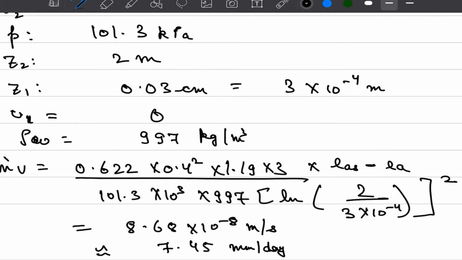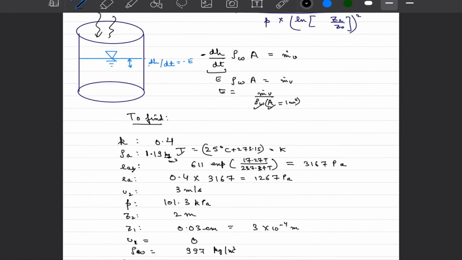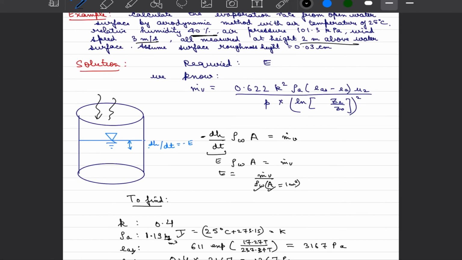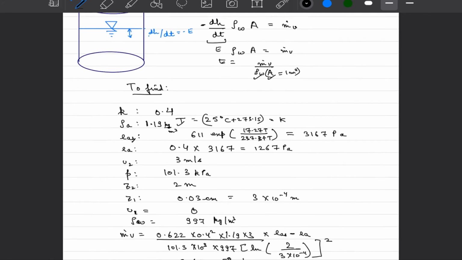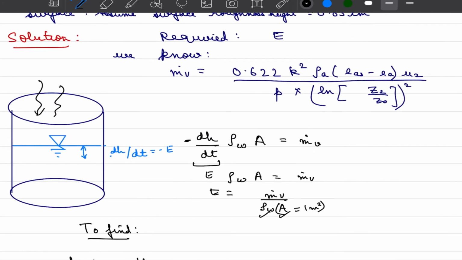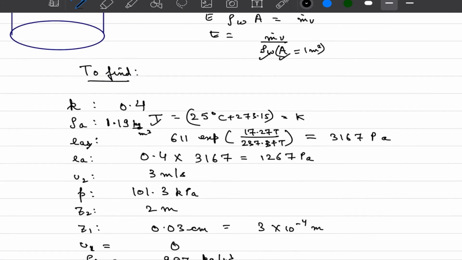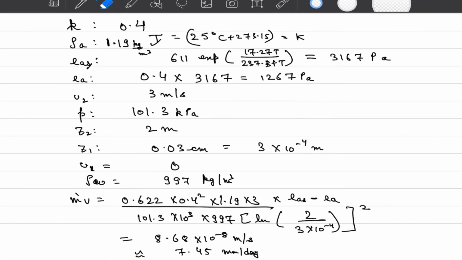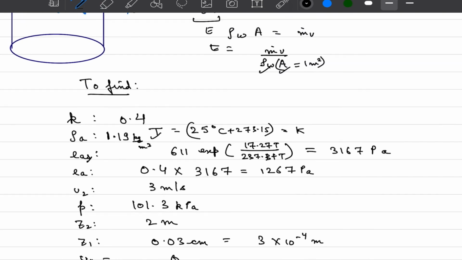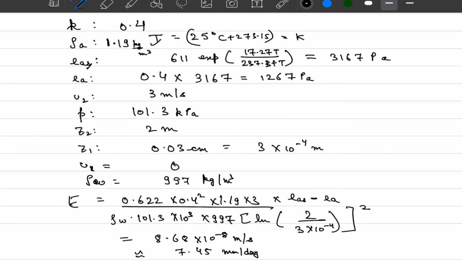I know I am rushing through these calculations, but ultimately it's simply plugging in these numbers and getting our rate estimates right. Notice that there would be an additional term of rho w, because instead of calculating mv, we are actually calculating E here, and E should include a term of rho w, and the area we have already taken as 1 meter square.